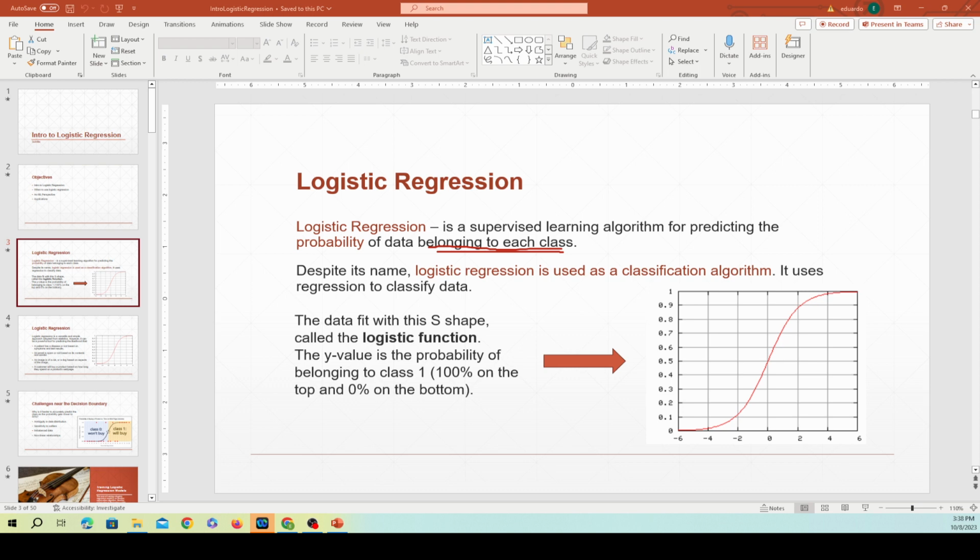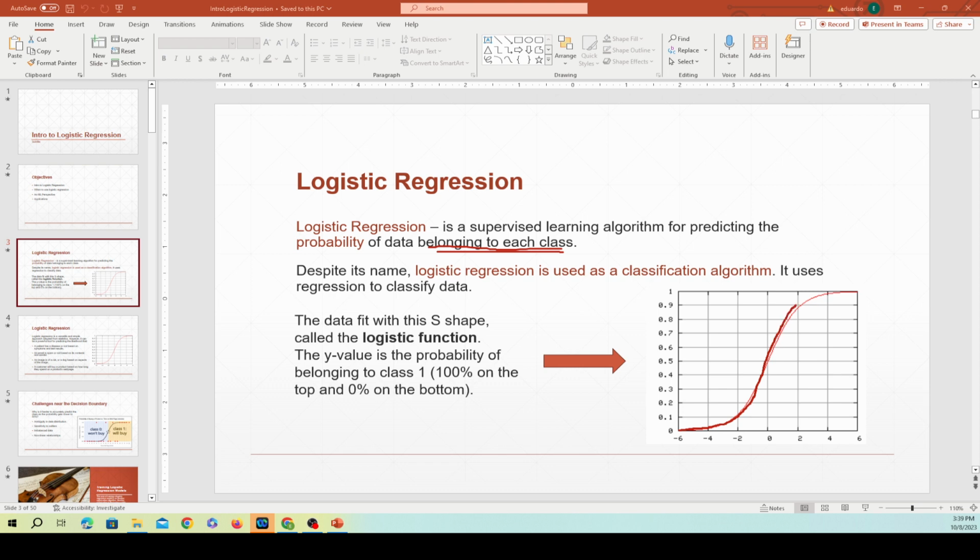So the graph for a logistic regression is not going to be a linear line like the linear regression. Instead, it's going to have a curve in the form of an S. A logistic function has the shape of an S, as you can see here on the right side.